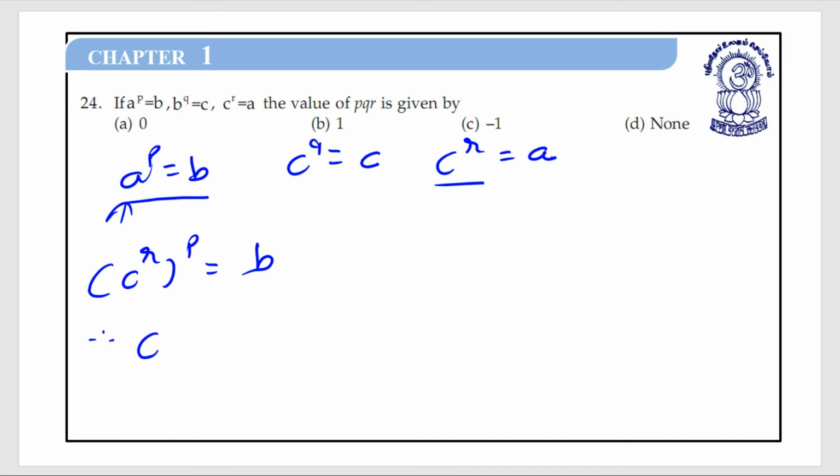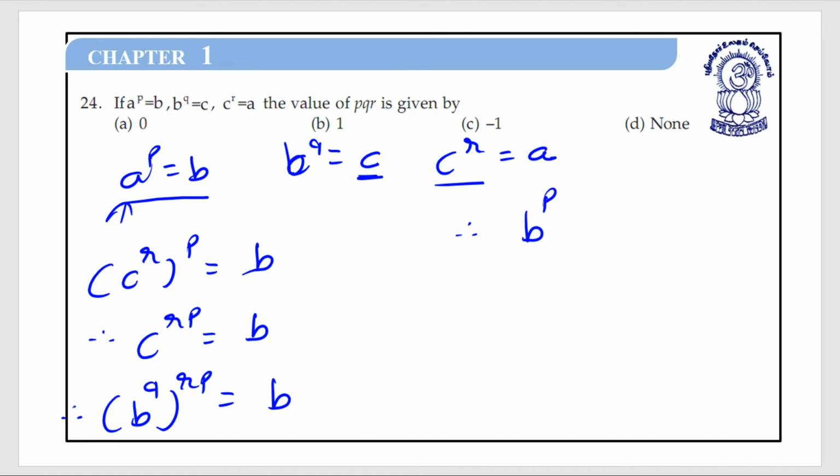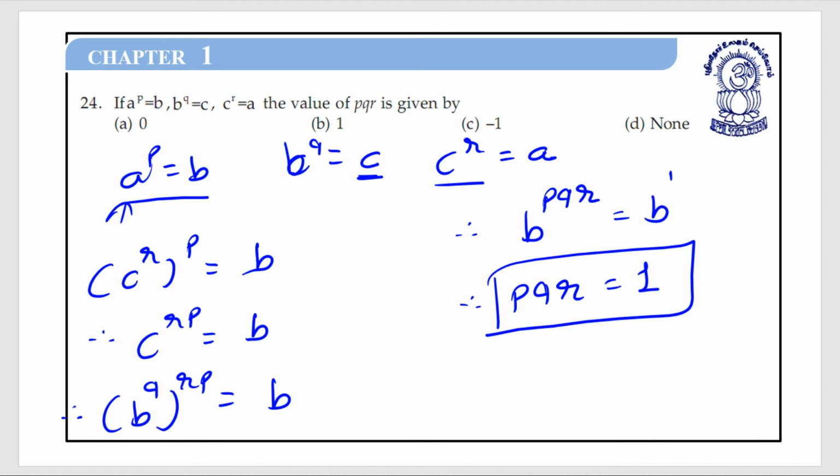So c raised to rp is equal to b. Value of c is b raised to q. So b raised to q rp is equal to b. So b raised to pqr is equal to b raised to 1. So base same, b same, pqr is equal to 1. So option B is the right answer of question number 24.